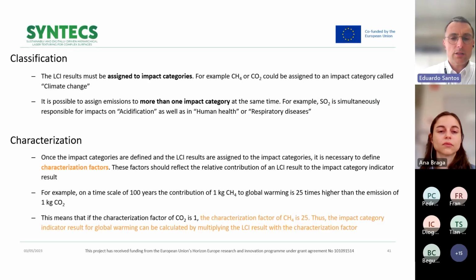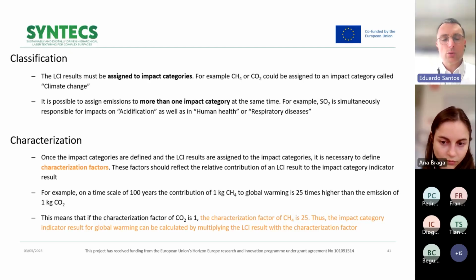Then we do characterization. And in characterization, we use the characterization factors. And this is what correlates the physical reality. So 1 kilogram of methane or 1 kilogram of CO2, how does that connect with the contributions to global warming?